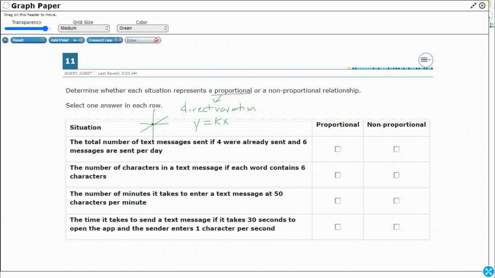It's going to be y equals kx, and you're going to have something that goes through the origin if you were to graph it. Now, on the other hand, we've got a non-proportional relationship, so that's going to look like slope-intercept. And so when we're dealing with that, there's going to be a little bit something extra on the side.